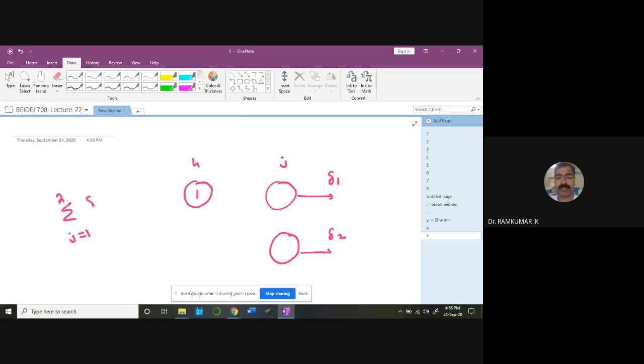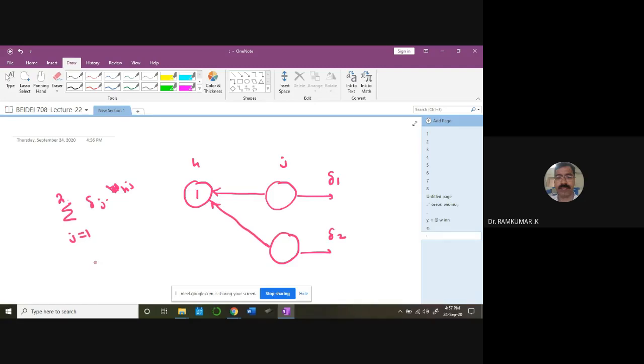Then delta j times w hj. What is that? W hj. Based on that, you're going to compute this. So for this neuron, it is clear. Tell me, what is the value for the first neuron?